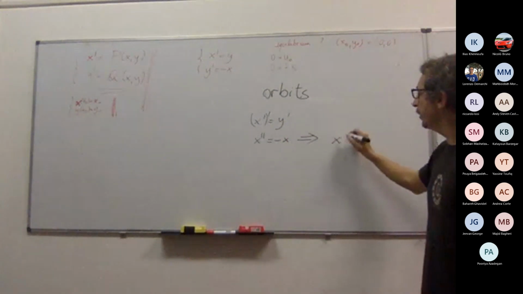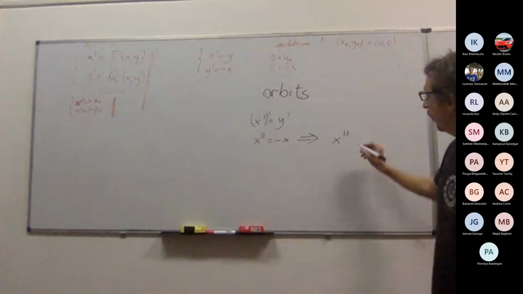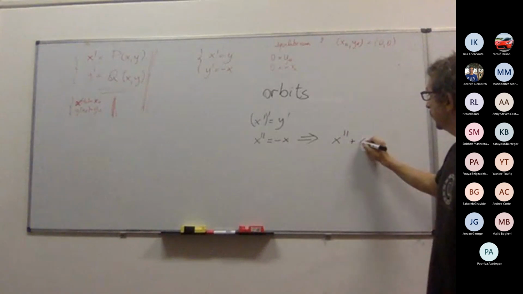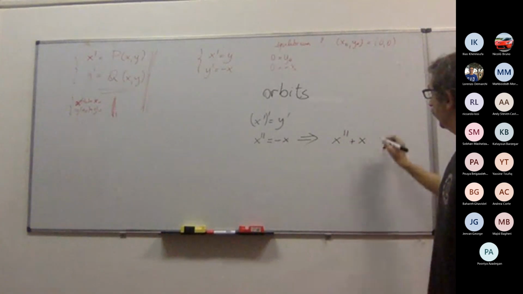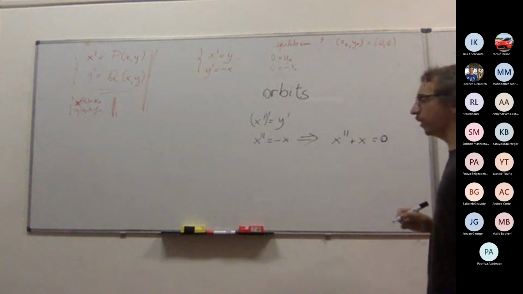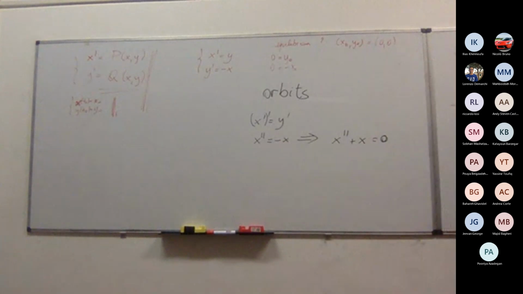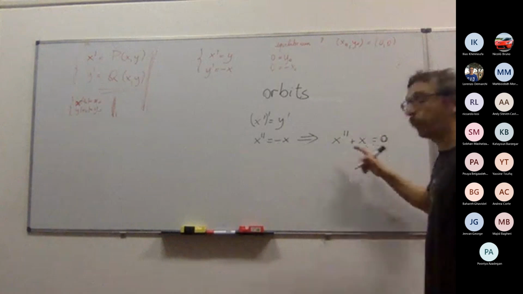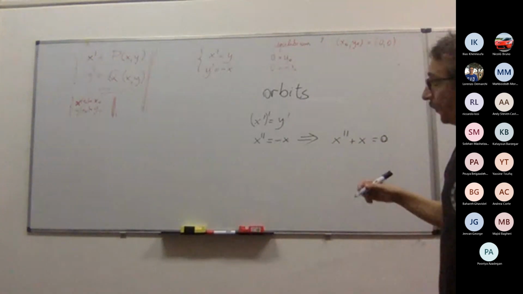This basically means that the orbit must also satisfy this equation, x double prime plus x equal to 0.